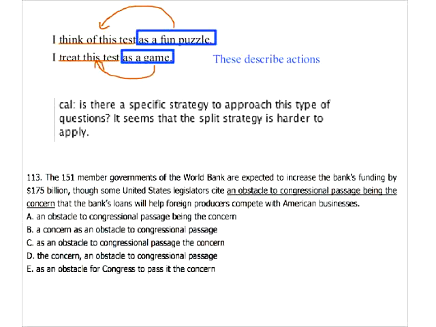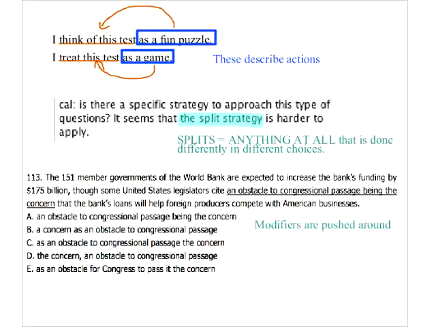Because a split doesn't have to mean like, oh, these things are directly underneath each other. That's not accurate. I mean, splits are just anything that is different at all between the choices. So split is anything at all that is done differently in different choices. So like anything that changes at all. So if modifiers are pushed around, that's a split.